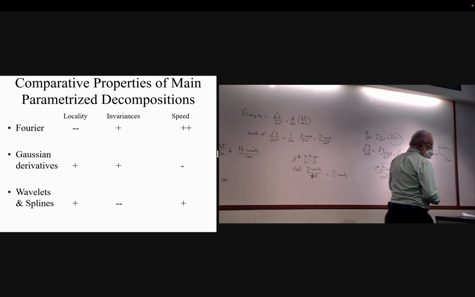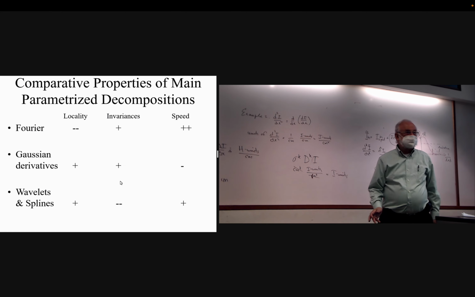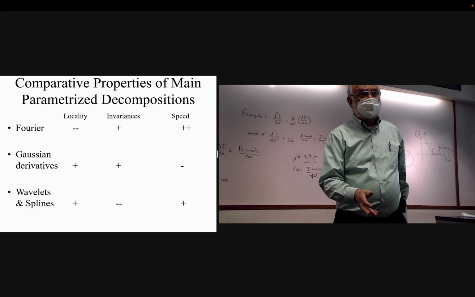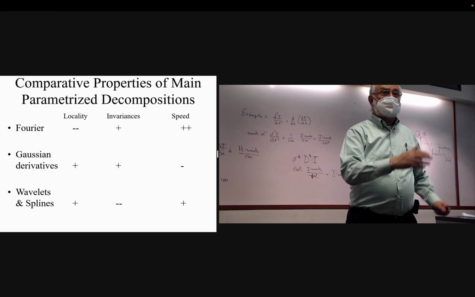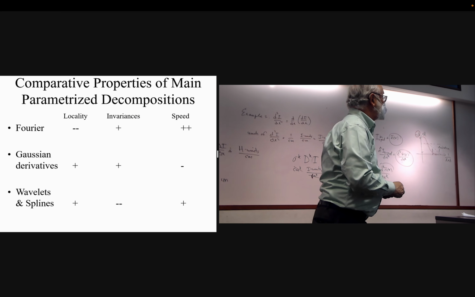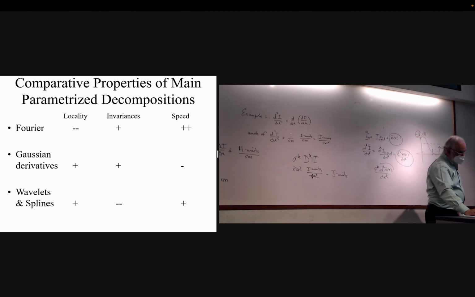The wavelets and splines are good with regard to locality, awful with regard to invariances. Right? You don't get the translational invariance we talked about for the orthogonal wavelets. You don't get rotational invariance of the splines, so you don't get rotational invariances. And they're not as fast as Fourier, but especially with the wavelets where you have orthogonality, you can get half decent speed.